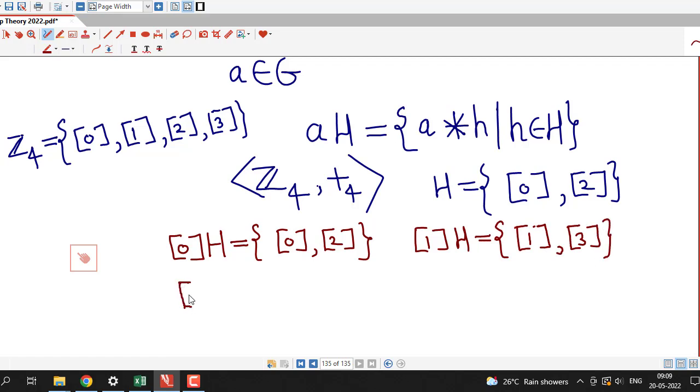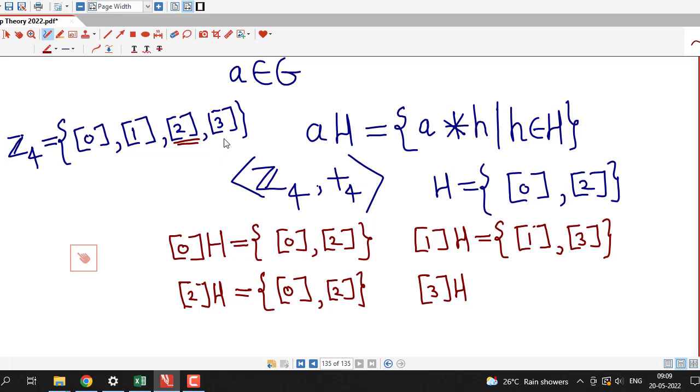The left coset corresponding to this class was again the equivalence classes generated by 0 and 2, and the left coset corresponding to this element was the set containing the two equivalence classes 1 and 3.